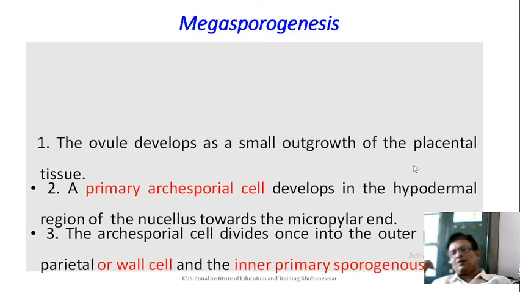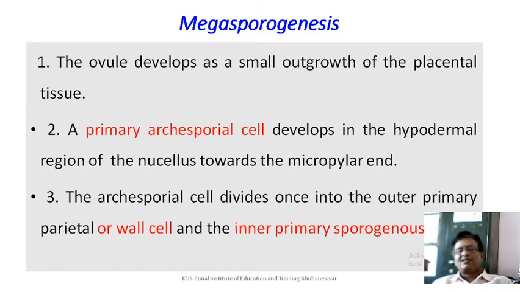Let us talk about the process called megasporogenesis. How is the ovule formed? For that you have to have the concept of class 11th. You have studied about different types of placentation, different types of aestivation, if you can recall.